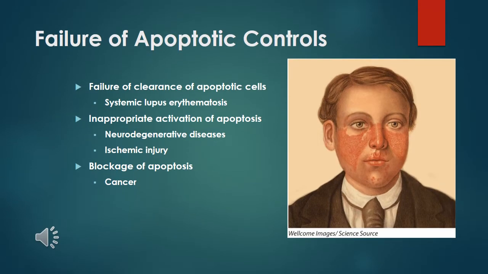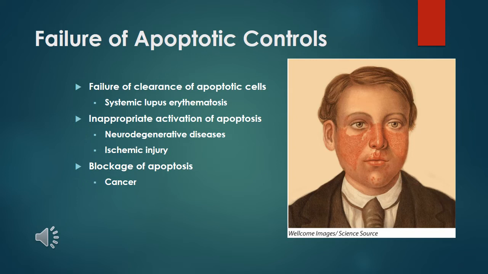Apoptosis is a highly regulated process, but sometimes these regulations fail. So let us see what happens when failure of apoptotic controls occurs. Failure of clearance of apoptotic cells is observed in an autoimmune disorder known as systemic lupus erythematosus. The characteristic feature of this disease is the formation of butterfly-like patches on the face of the patient, as shown in the right photograph in this slide.